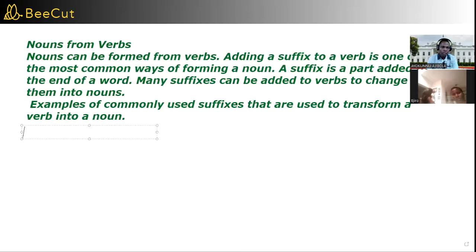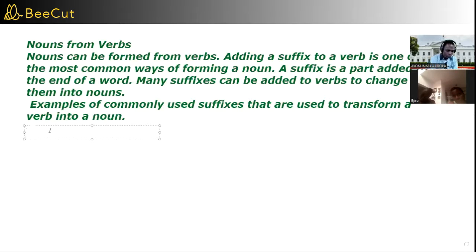For example, let's assume you have the verb run. You can change it and let it become runner by adding the suffix ER to run.